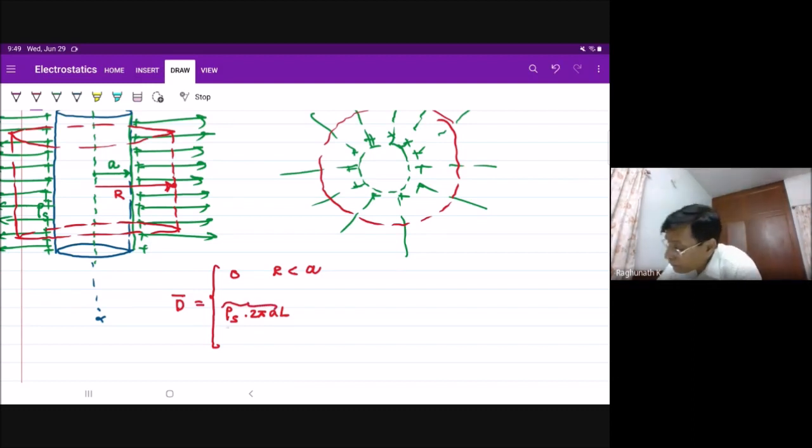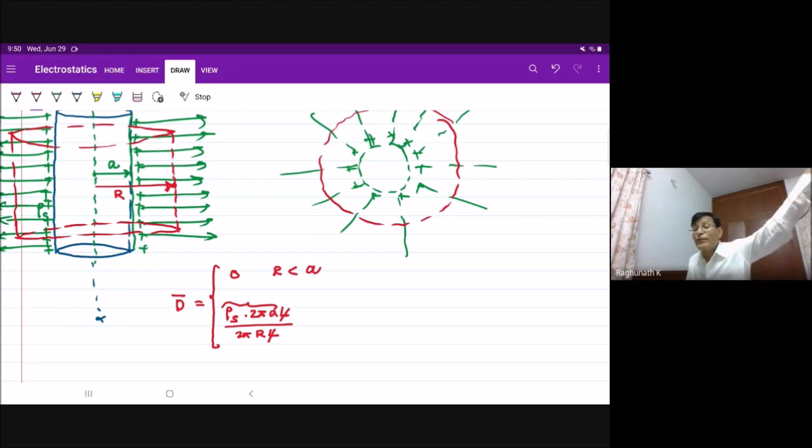By the curved surface area of the cylinder of radius r, which is 2 pi r L, you have to see this as rho L by 2 pi r only. You can assume that it is the line charge of line charge density rho s into 2 pi a on the axis of the cylinder.